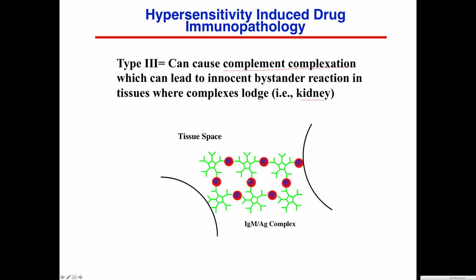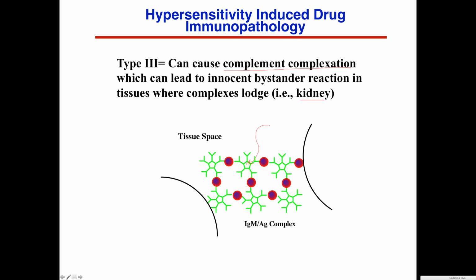So as a consequence, these will come together, you'll form this complex, and then these tissue spaces can be pretty large. These things can precipitate or get trapped in these tissue spaces, and when they do that, they're going to initiate complement because they're going to attack, right? They'll be able to bind to the joining part of the IgM or the Fc regions of the IgG.